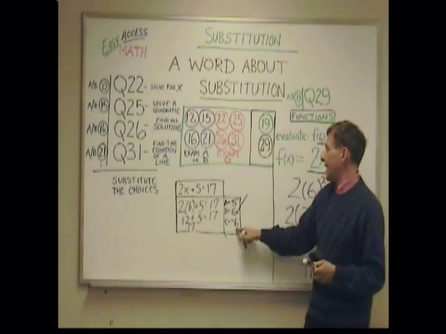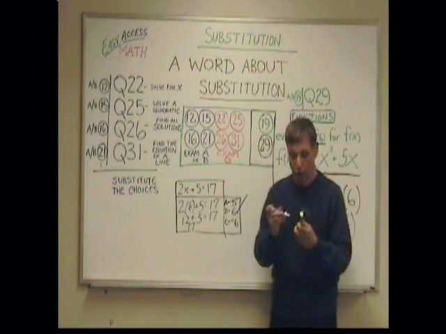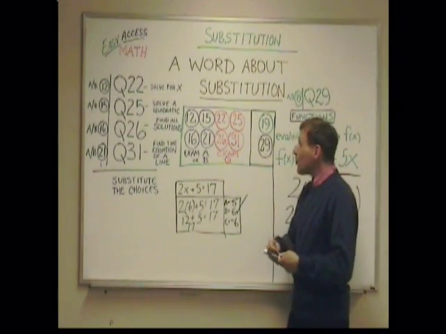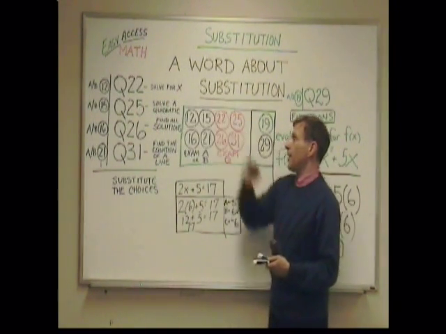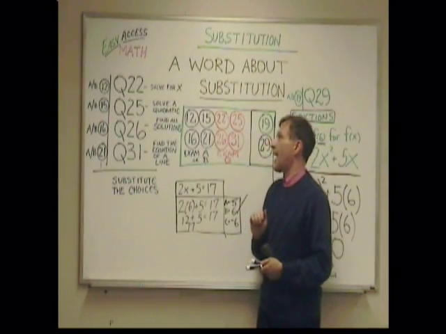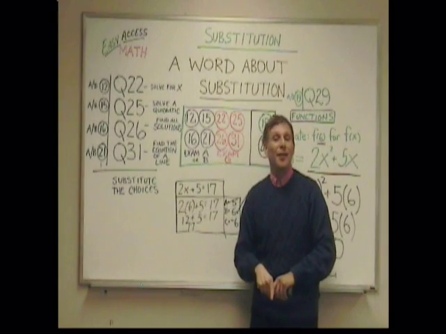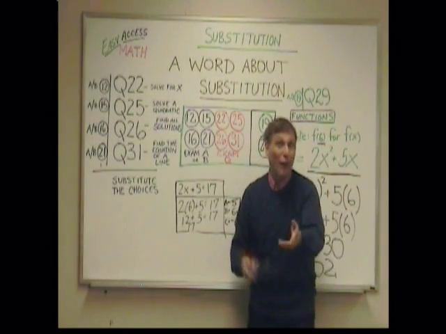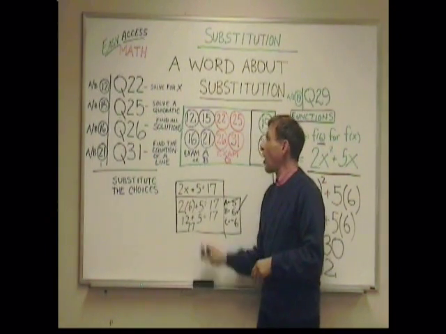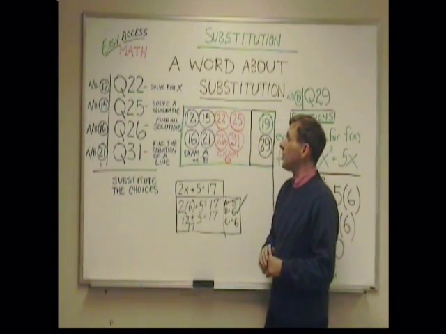If you tried negative 6, it would not work. So there's where I use choices: solving for x, solving a quadratic, finding solutions. Solutions is another way to say the word solve, it's a form of the word solve. There you can test out your choices.